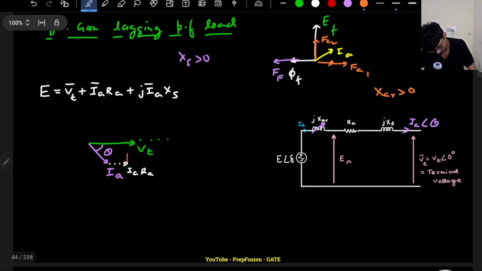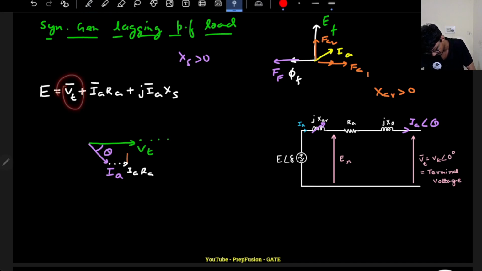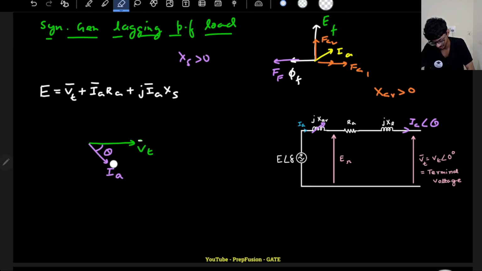Am I correct? Yes. Okay, sorry, I have to add this with VT. Sorry, I have totally forgotten the phasors.